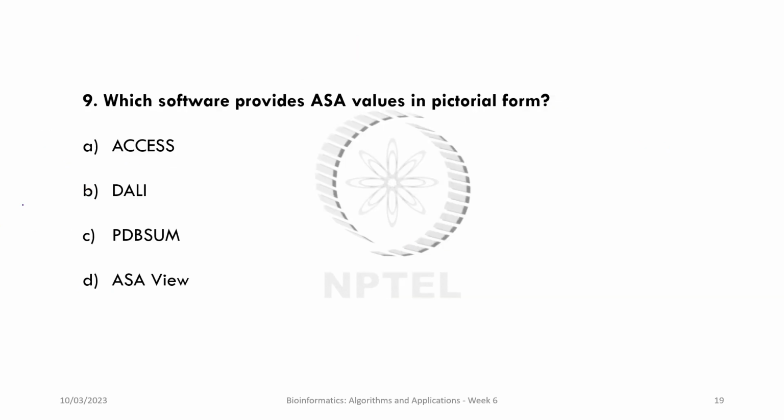We can move on. Question 9. Which software provides ASA values in pictorial form? Option A Axis, option B DALI, option C PDBsum, option D ASAView.